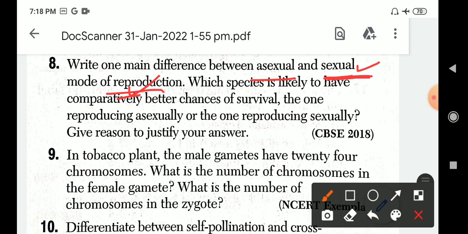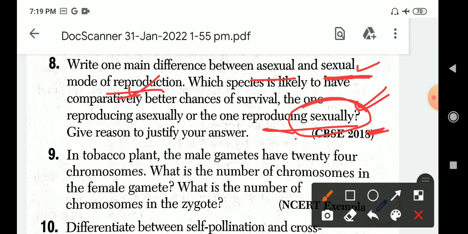Which species is likely to have a comparatively better chance of survival, the one reproducing asexually or the one reproducing sexually? Okay, we all know sexual reproduction has more chance in this. The individual growing through this process has more chance of survival, right? Actually, variation may also be caused in it, and variations are responsible for the evolution of new species, right?